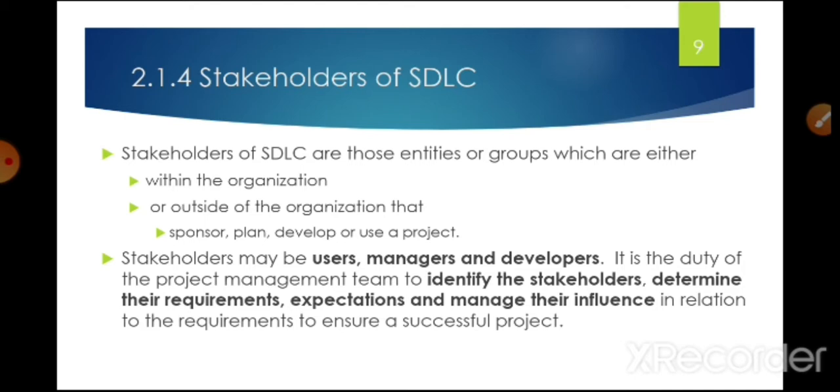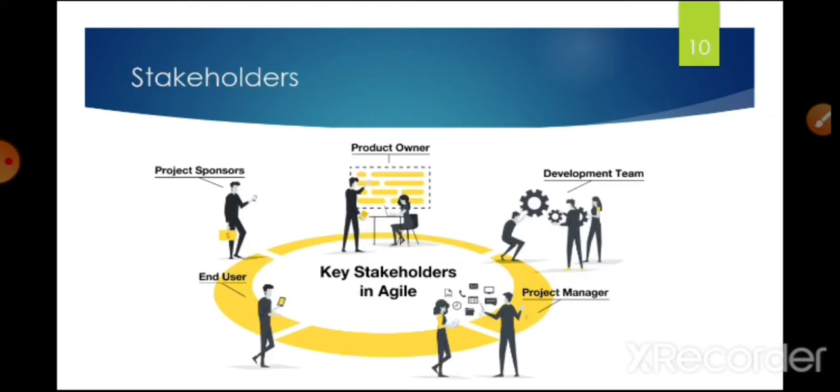In the previous lecture, we also discussed about the stakeholders of SDLC. We discussed that stakeholders can be within the organization or outside the organization. They can be anyone who sponsor, plan, develop or use a project. Here I have included a diagram for your better understanding.